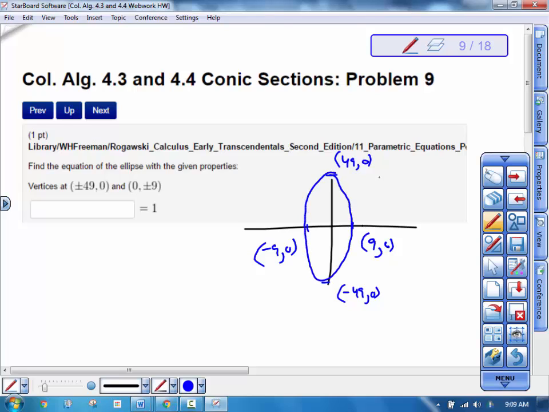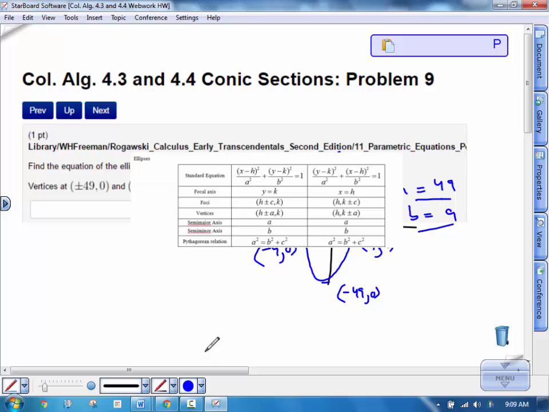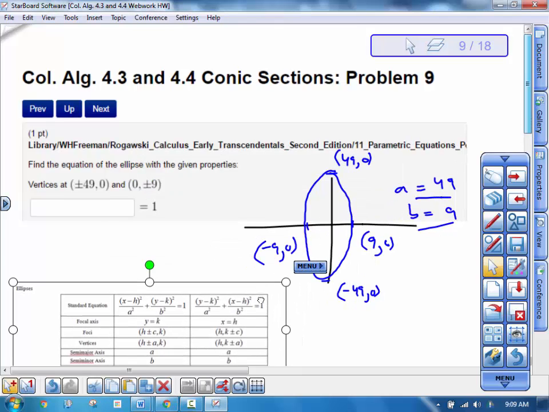Okay, we know it's a vertical ellipse. We know a is 49 in this case because we go up 49 in this direction. We know b is the length of the semi-minor axis, which in this case is 9. So we have a and b. Our formula sheet tells us that we have a vertical ellipse, so we want to use this one, x equals a number, because that's the focal axis that goes vertical, so that's a vertical line, x equals a number.